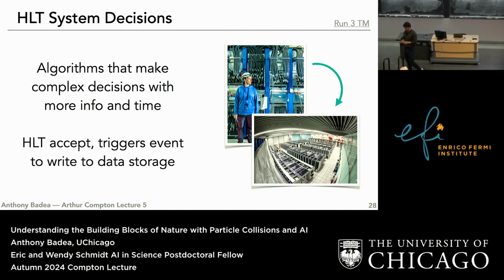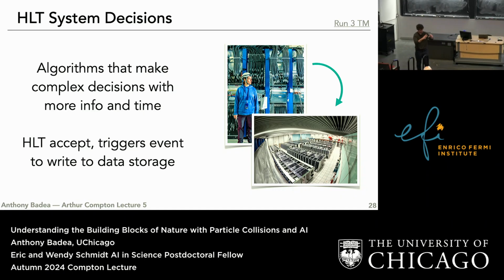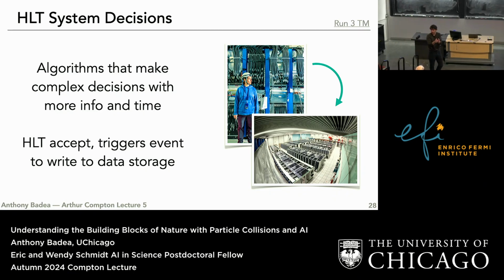The 25 nanosecond bunches is you have a beam of protons that in our head was continuous, but is actually divided into tiny bunches of protons flying all around. And the space between those bunches, the time space, is 25 nanoseconds. So every 25 nanoseconds, a bunch of protons come and smash with another one.